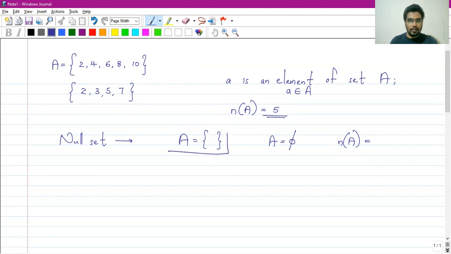I'm talking about this set A. You can see there are no elements in this set A. So the number of elements, n(A), is equal to 0. I think you can understand it well.